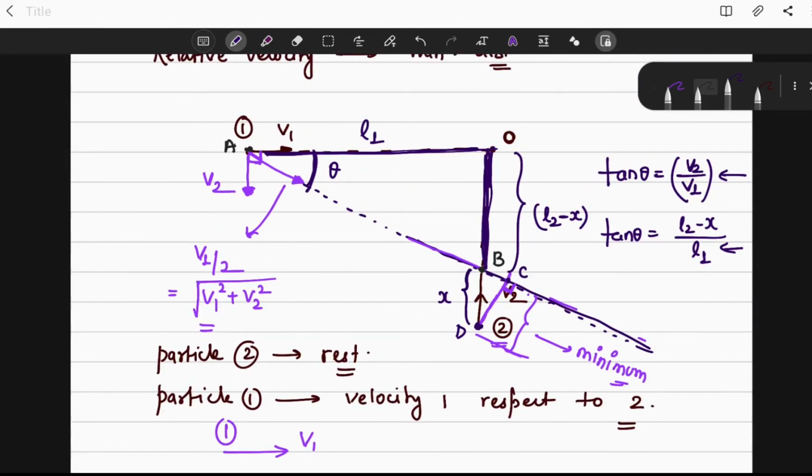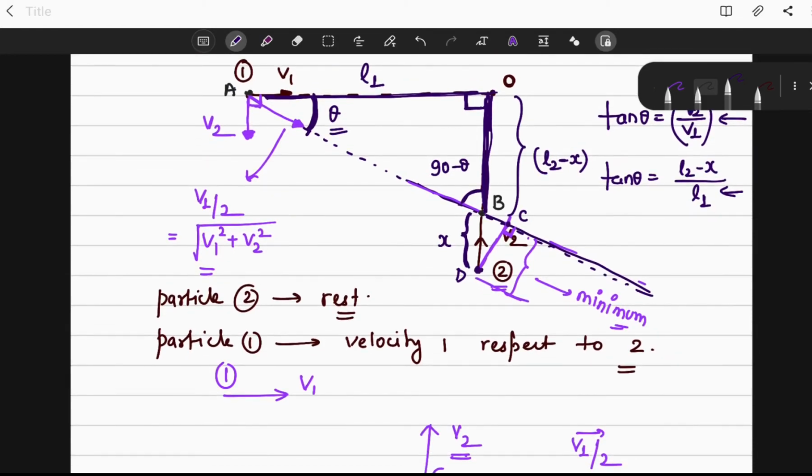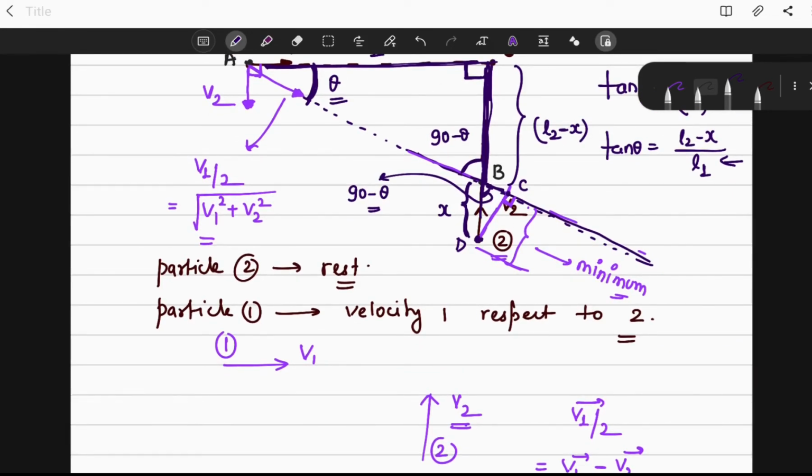Now this is the value of x we got. If this particular angle is 90 degrees, then this angle will be 90 minus theta if the other angle is theta. So the opposite angle will be 90 minus theta. What is the minimum distance?